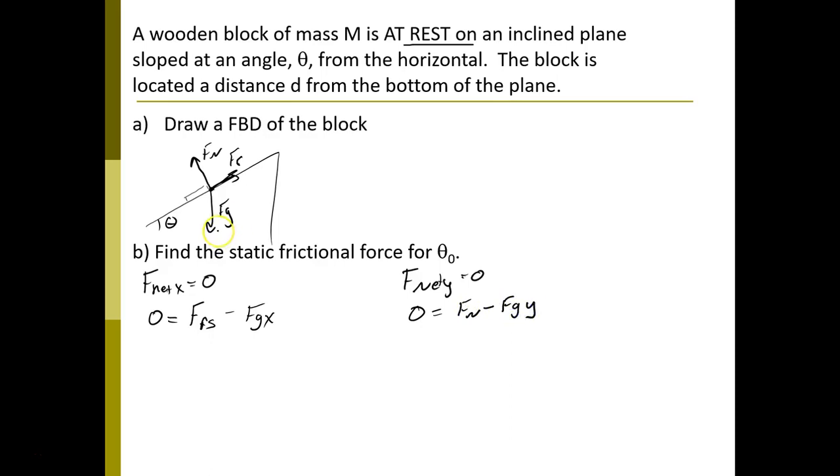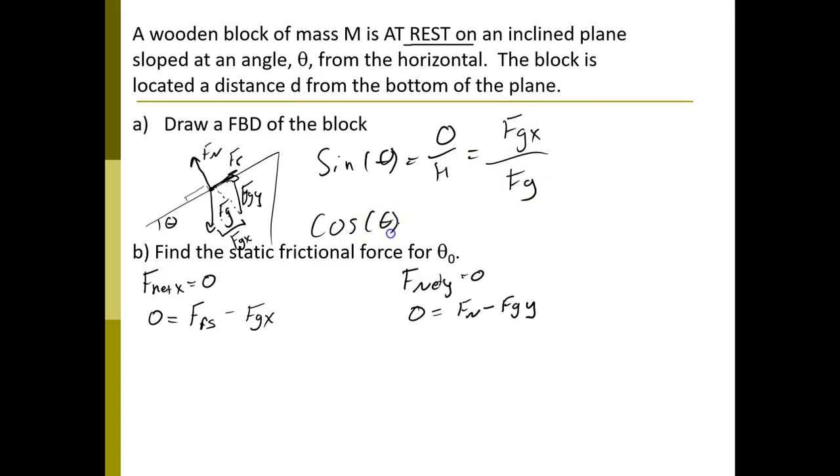If I remember correctly, this is FGX, and this here, if we trace out our angle, is FGY. Looking at our trig, the sine of theta is equal to opposite over hypotenuse, which in this case is FGX divided by FG. And the cosine of theta is equal to adjacent over hypotenuse, or FGY over FG.